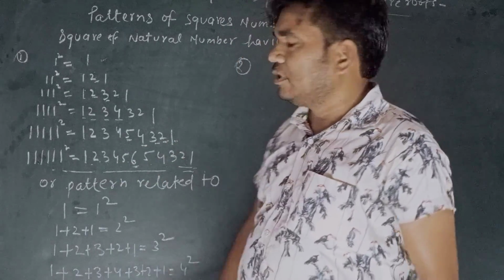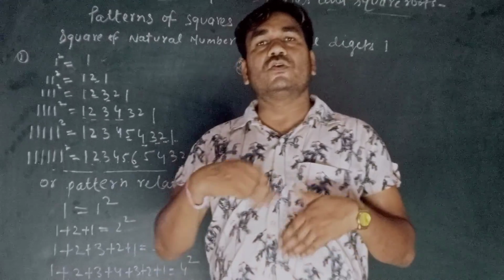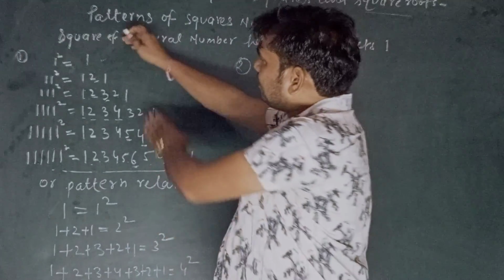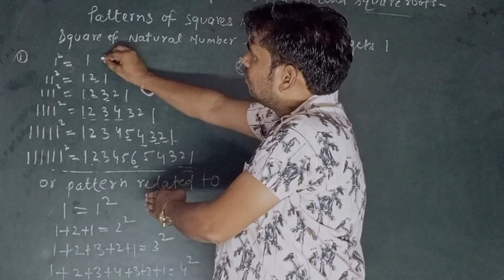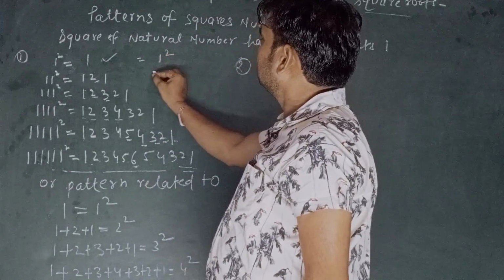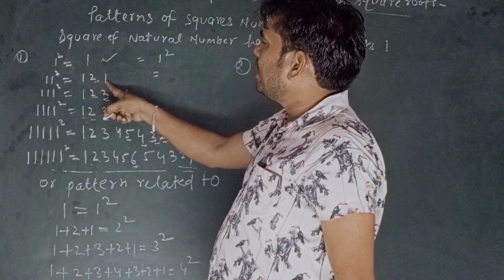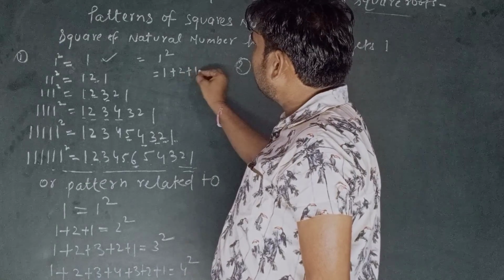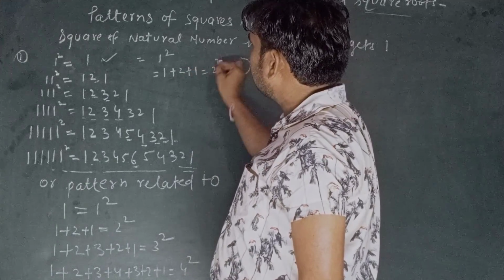After that you see another interesting pattern. Take 1, it means 1 square. Then 1 plus 2 plus 1 equals 4, which is 2 square.